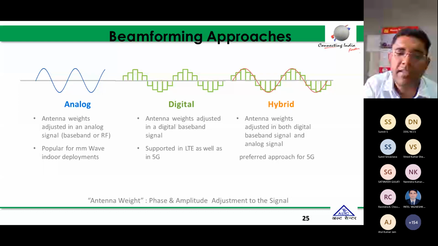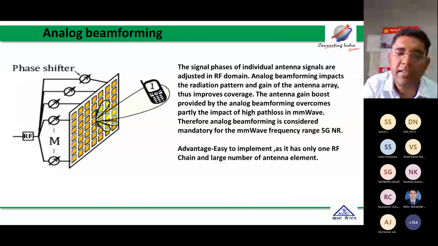Right? So what does analog beamforming impact actually? It impacts the radiation pattern and gain of the antenna array, so it improves the coverage, and it also overcomes the path loss in the millimeter wave spectrum.